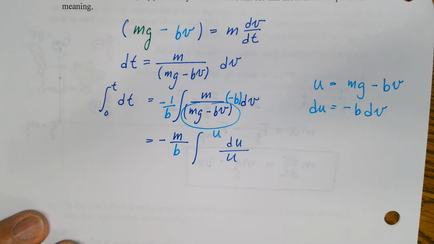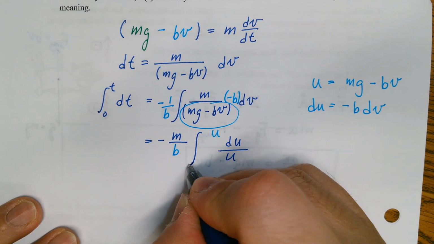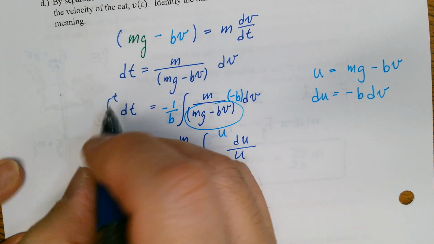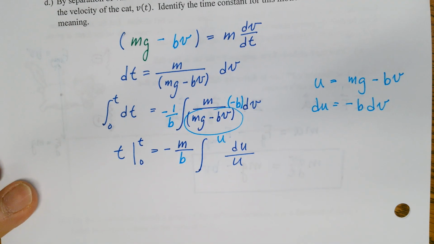Are we okay with that so far? Integral by substitution, u. So this basically becomes t evaluated from 0 to t.